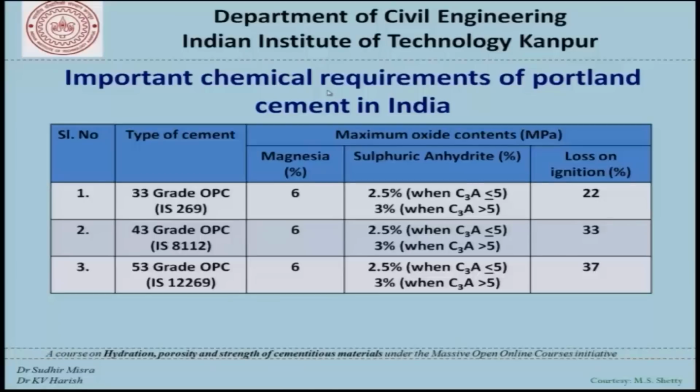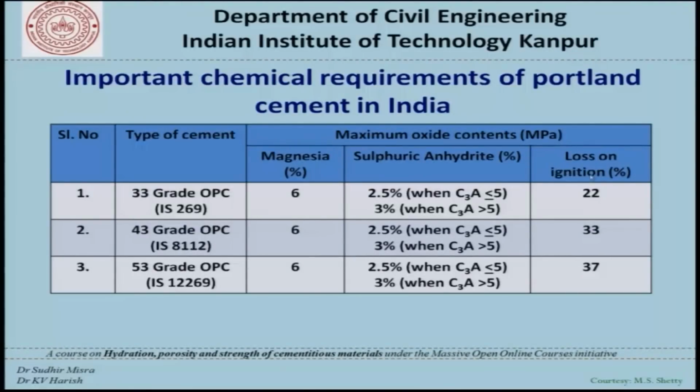The chemical requirements of Portland cement in India are shown in this table. For the 33 grade, 43 grade and 53 grade, the magnesia content should not exceed 6% for all the 3 types of cement. Sulfuric anhydride content should not exceed 2.5% when tricalcium aluminate content is lower than or equal to 5%, and should not exceed 3% when tricalcium aluminate content is greater than 5%, and the same is true for all other grades of cement.